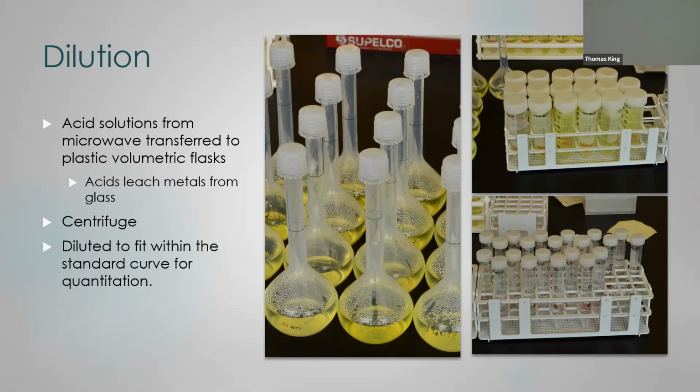The samples are then centrifuged to remove any inorganic matter and then diluted to fit within the standard curve for quantitation. The volumetric flasks are made of perfluoroalkyl copolymer plastic, and the centrifuge tubes are made of polypropylene plastic. Both plastics are very clean. And all flasks and tubes are acid washed before use.